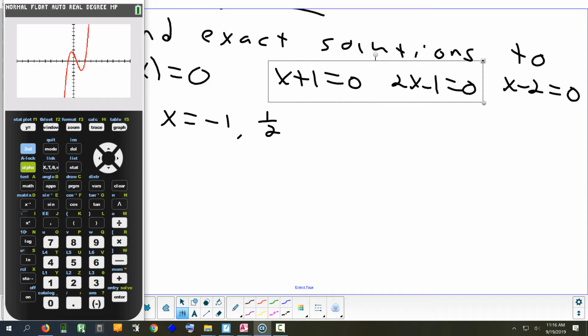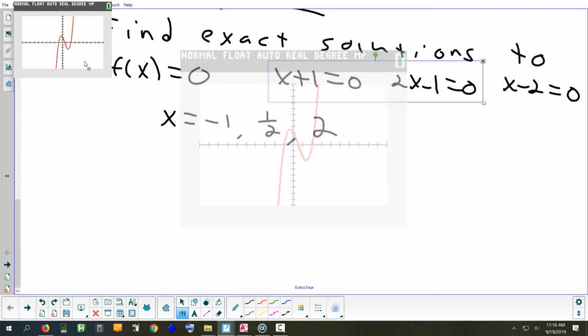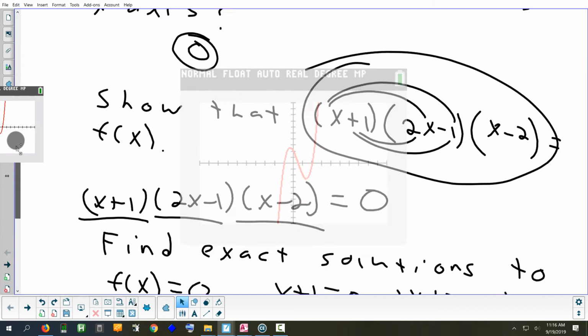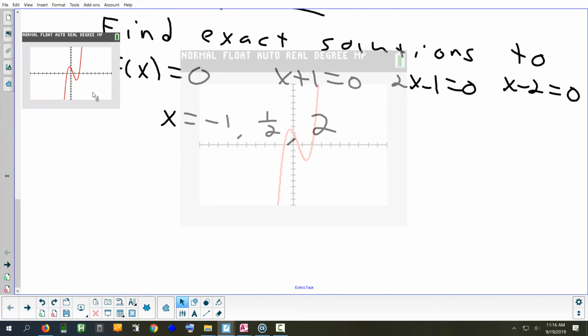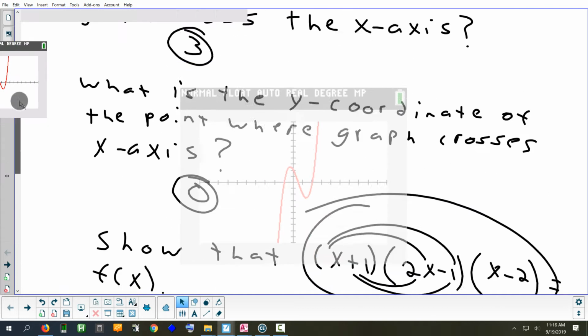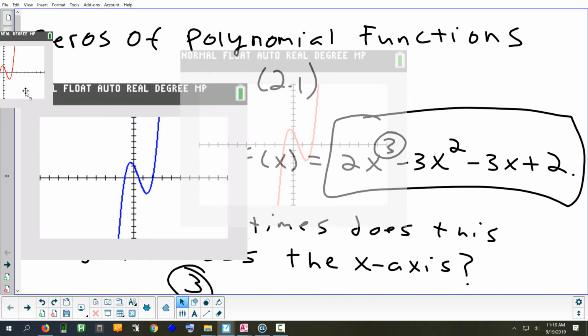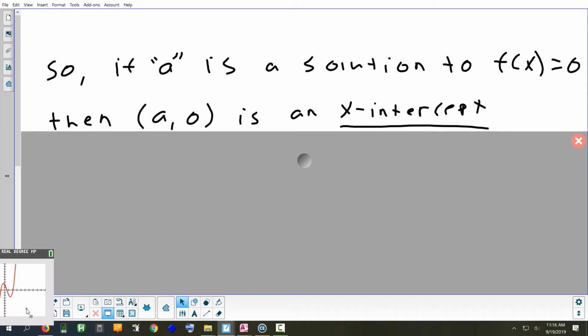Yeah, 2. Look at your graph. 2. So, okay, point I'm trying to show you here is that if you can factor, okay, here's a nice little extra copy of that graph, but if you can factor your, maybe it'll go away.